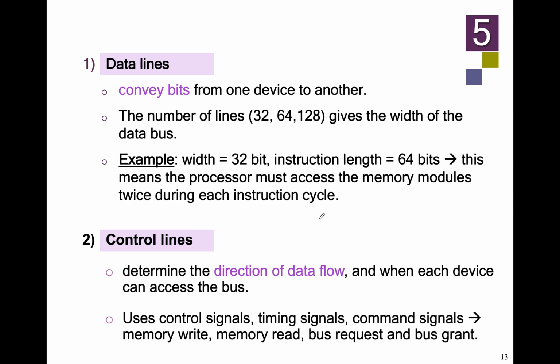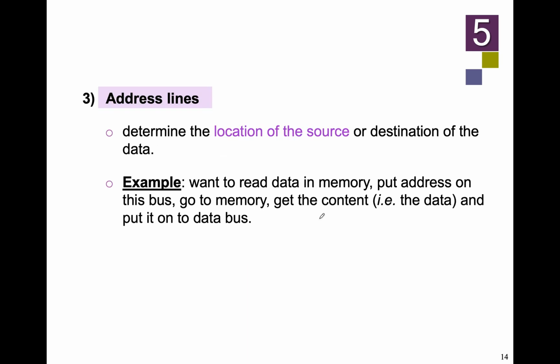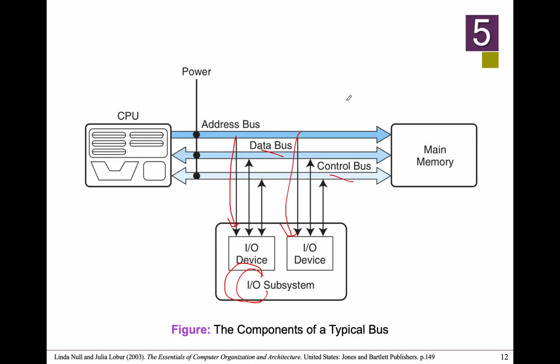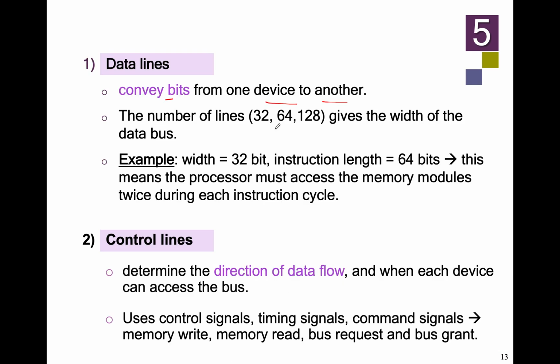So what are basically the data line, control line, and lastly the address line? The data line conveys bits from one device to another.